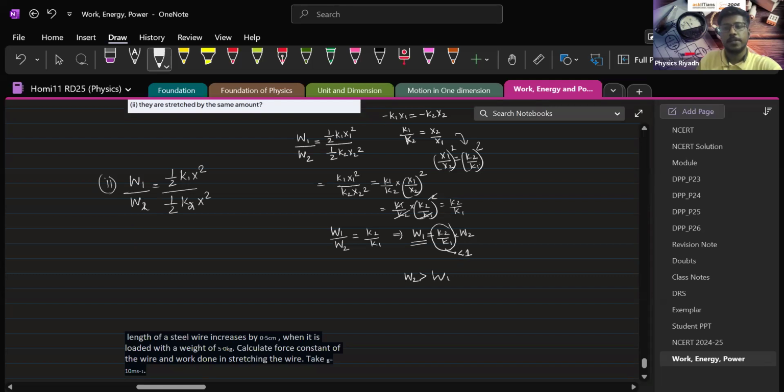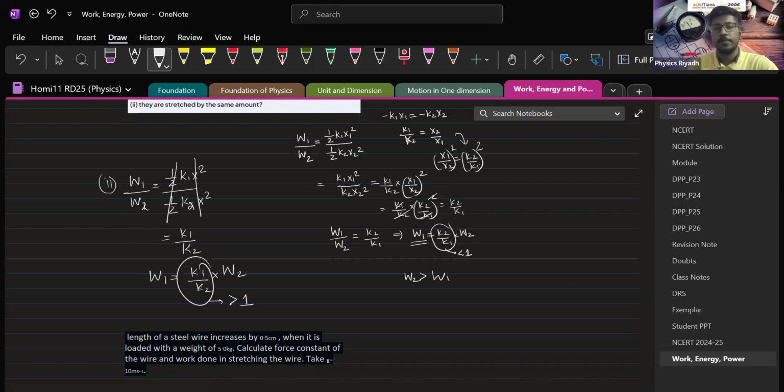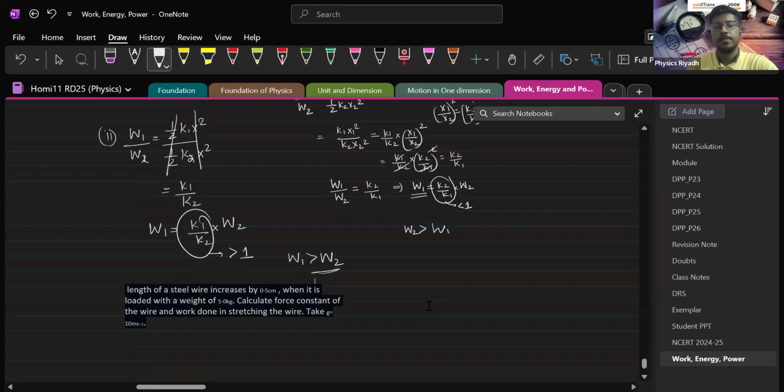I don't have to write x1 and x2; both are the same, so they cancel out. So this is k1 by k2. So work done by 1 is equal to k1 by k2 into W2. Clearly this value is greater than 1 because k1 is greater. So the work done by 1 is greater than work done by 2. Okay, try the next question.